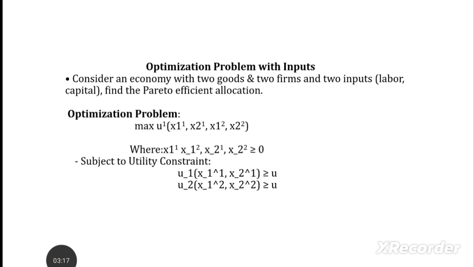For the Pareto efficient allocation, we want to maximize the utility of consumer one, where x1i is consumption of good 1 by consumer i, and x2i is consumption of good 2 by consumer i. These must all be non-negative because negative consumption is impossible.